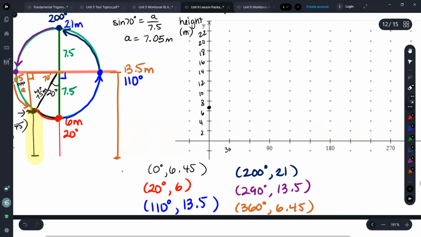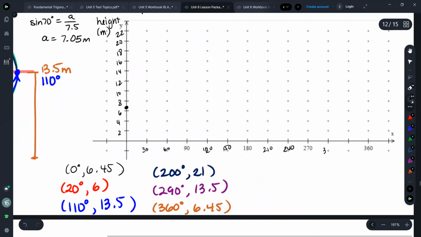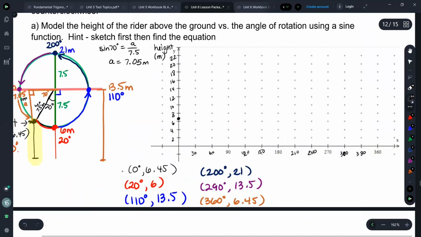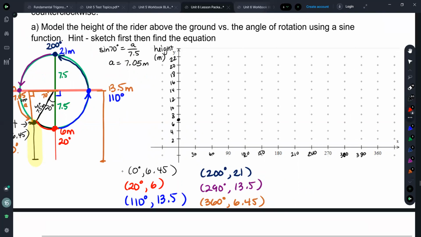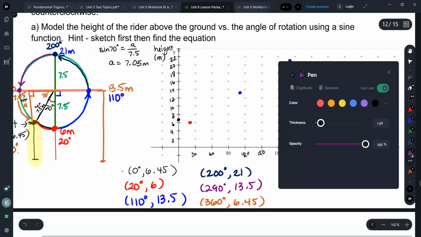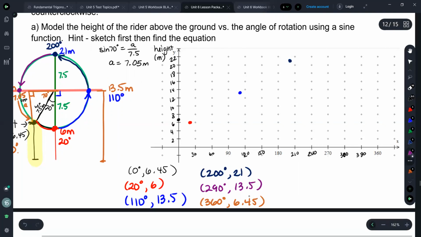This is going by 30s: 30, 60, 90, 120, 150, and so on. 110, 13.5 will be about right here. We're going to have to estimate where these are. 200, 21. 290, 13.5. And end at 360 for 6.45.